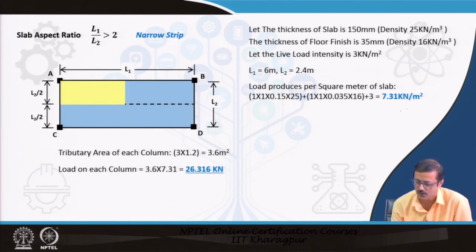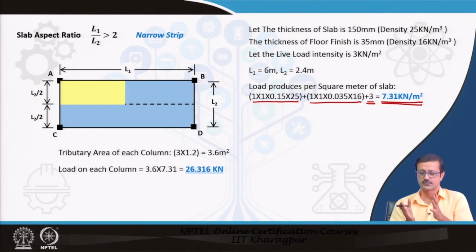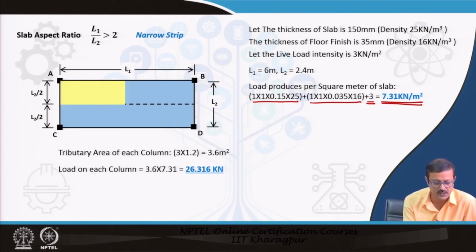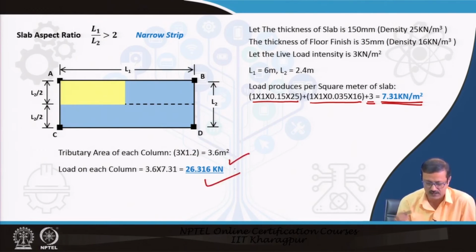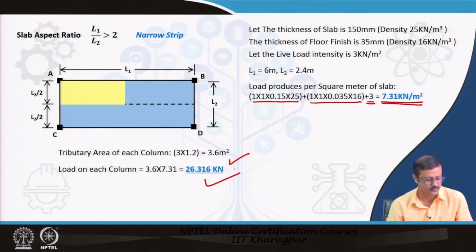So that is 1 into 1 into point, this is the volume of the concrete slab, this is the volume of my floor finish, and this is the live load. So 7.13 kilonewton per meter square is the total load per meter square, and I find the tributary area of each column is half of this and half of the other side. So 3.6. So I can directly multiply these two and find that.